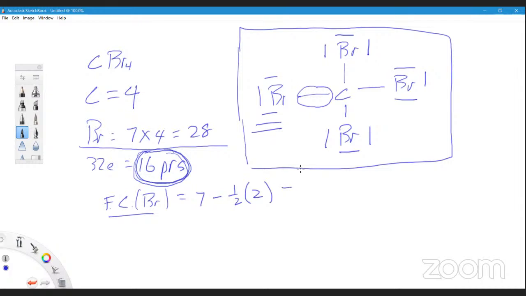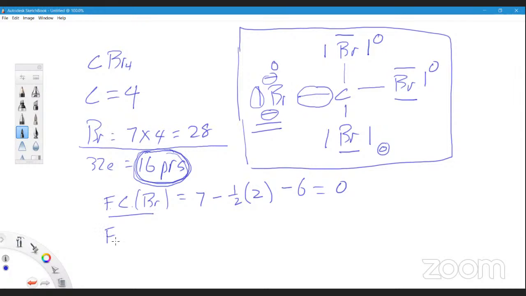And then minus the number of non-bonding electrons, which would be 2, 4, 6. When you work this out, you see that this will be equal to 0. Therefore, the charge on each of the bromine atoms would be 0 here, 0 here, 0 here, and 0 here. So that's basically how we calculate the formal charge of the bromine.